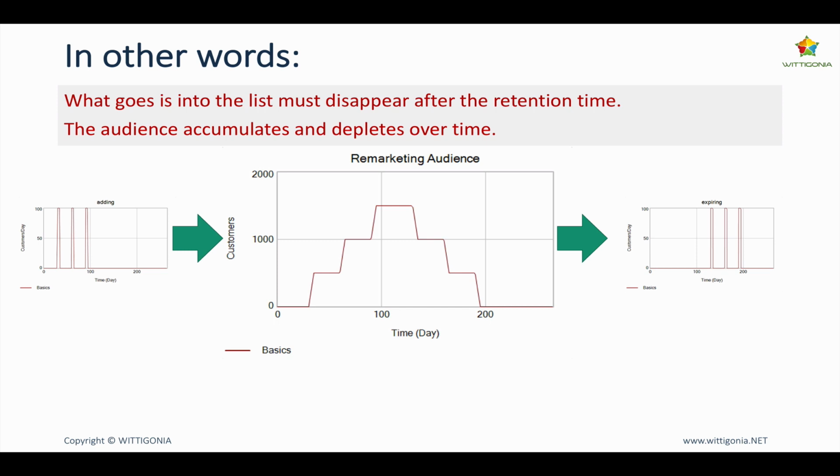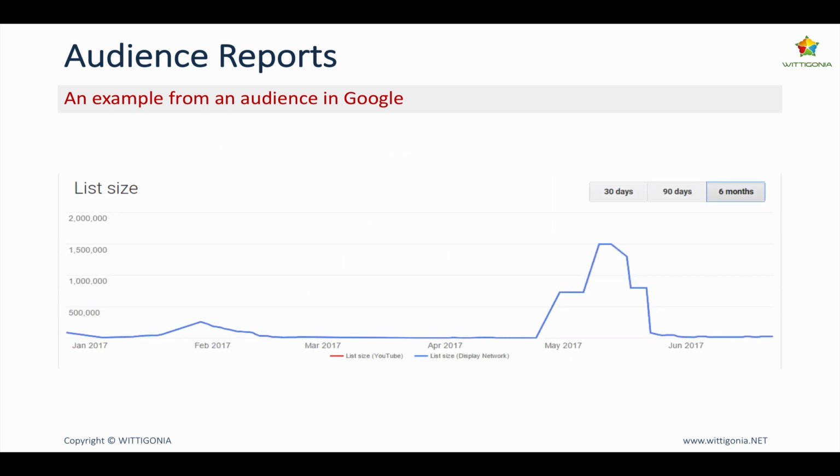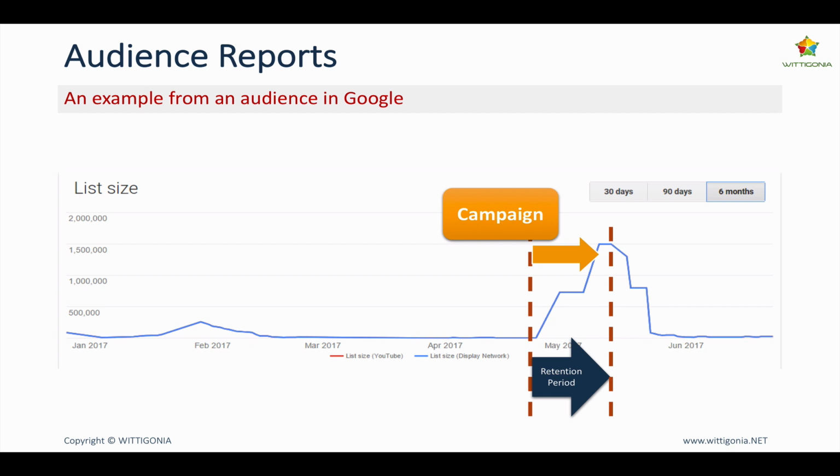And that's why you get these interesting patterns when you look at your audience reports and you're wondering, well, what just happened here? Because I added a lot of customers, but they're not available anymore. So for example, I just took an arbitrary example from a marketing campaign. Here, a marketing campaign was carried out and it added a tremendous amount of customers to a remarketing audience list. Until the retention period, while the campaign ran, we added customers to the audience list.